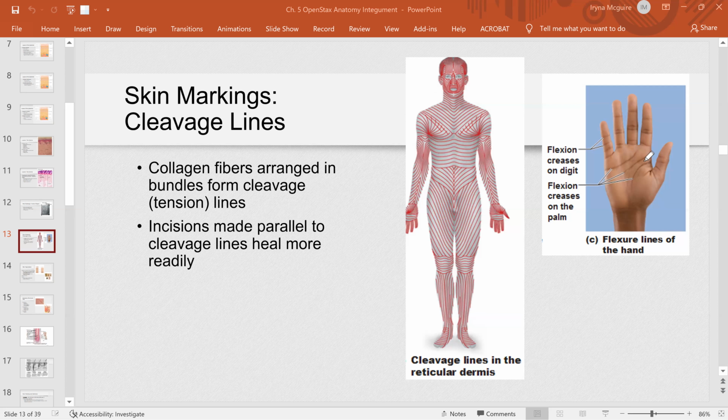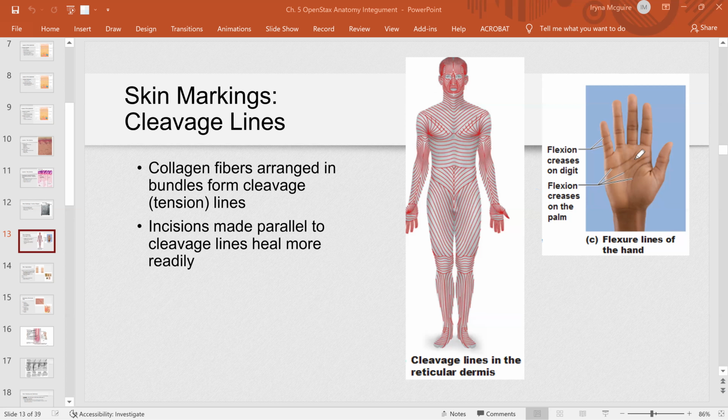Flexure lines on the hand are creases on the palm that allow you to flex your fingers and your carpal area in your palm where you have your carpal bones.